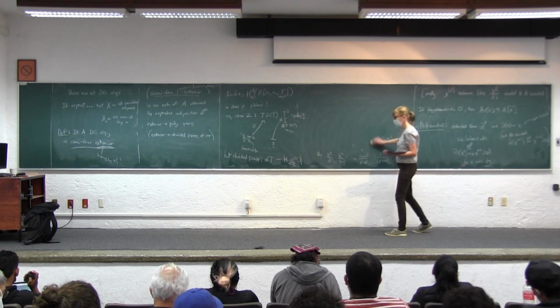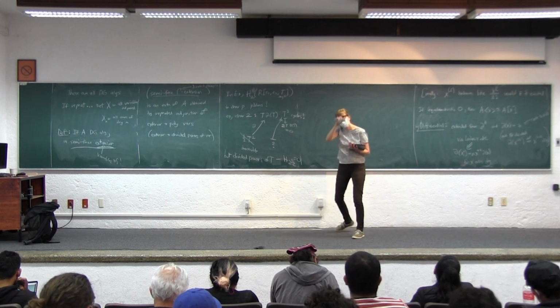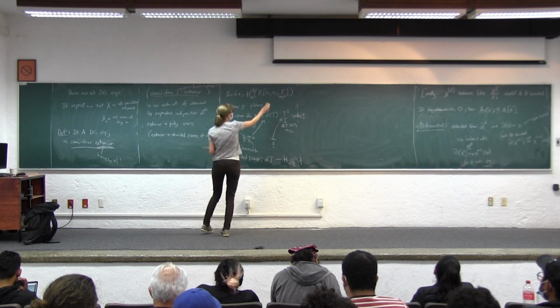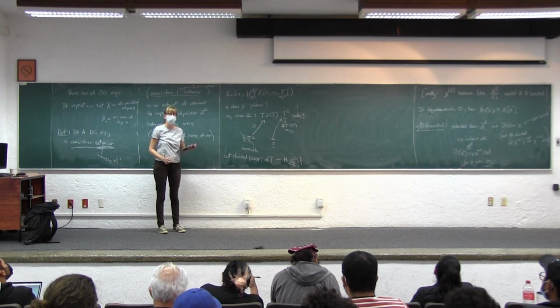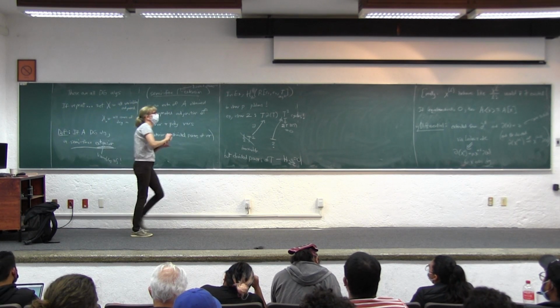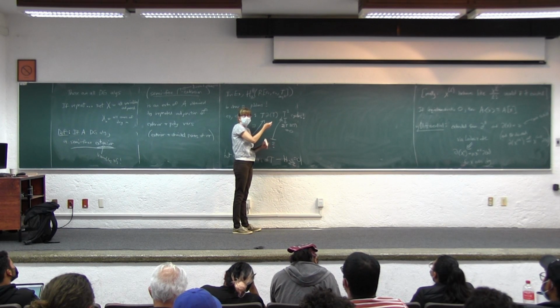Question? Yes? Just to make sure I understand the sentence grammatically, you say that in that example, R adjoining E1, E2, and T is a semi-free extension of A or? Of R. Of R, okay. Yeah, but it's also true that this is a semi-free extension of R adjoining E1, E2.